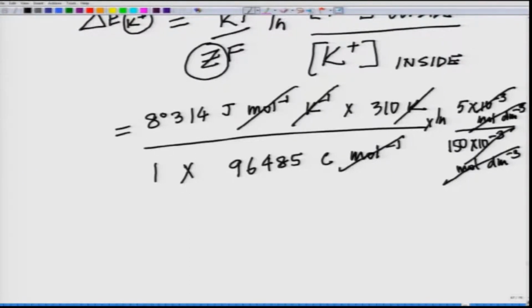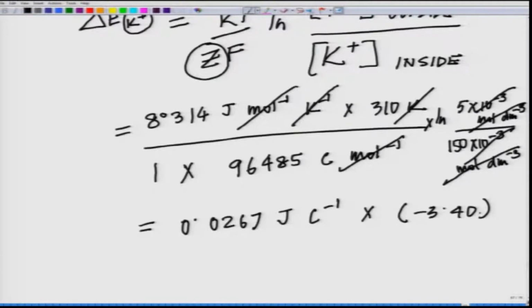So, eventually the expression boils down to 0.0267 joules per coulomb multiplied by minus 3.40, and that brings us to minus 0.09 volt, which further brings us to minus 90 millivolt.